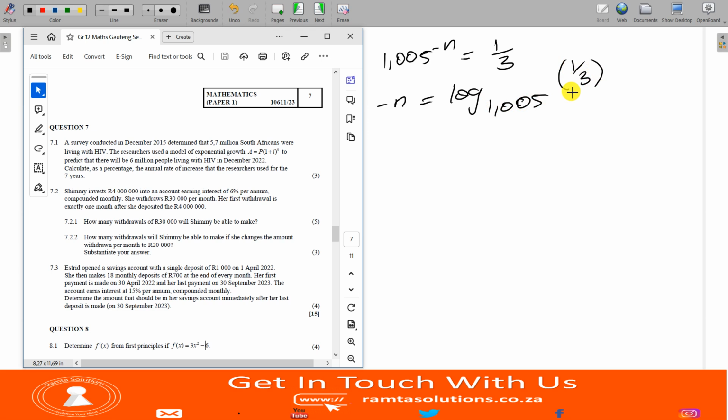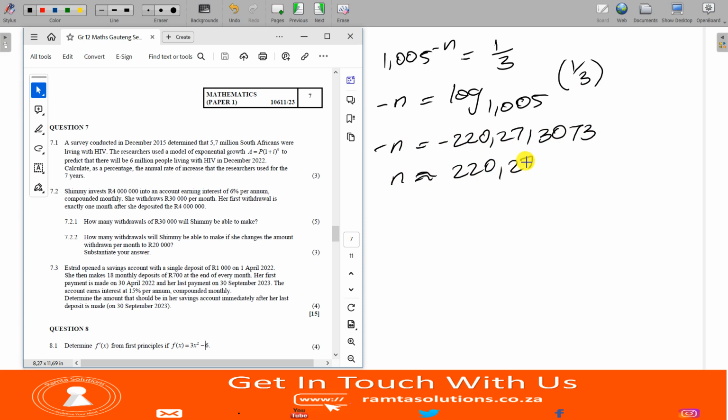So let's get our answer. Our answer here is negative n equals negative 220.13073, so n is approximately equal to 220.27.